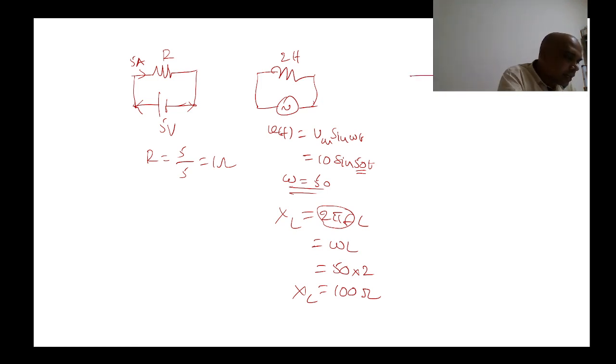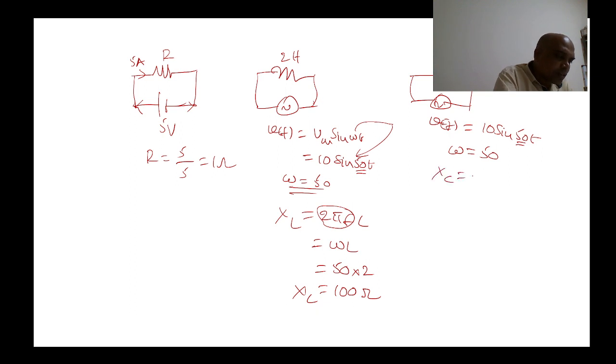Similarly, if you take a capacitor of 2 millifarad, and the same voltage applied here, V of t equals 10 sin 50t. From this, omega equals 50; you can compare with sin omega t. How can you find out capacitive reactance? Our target is to find XL and XC.